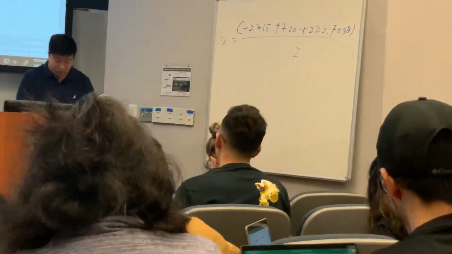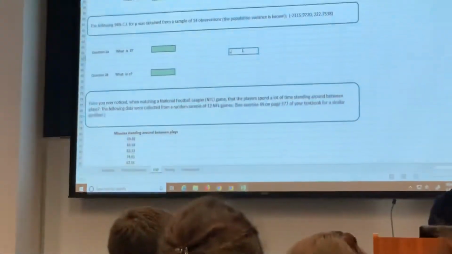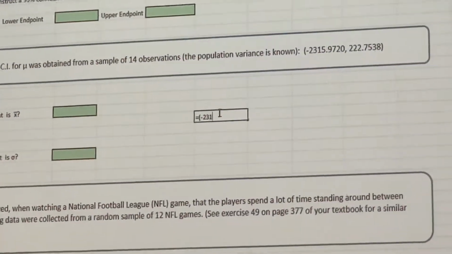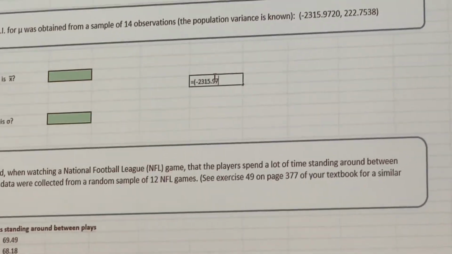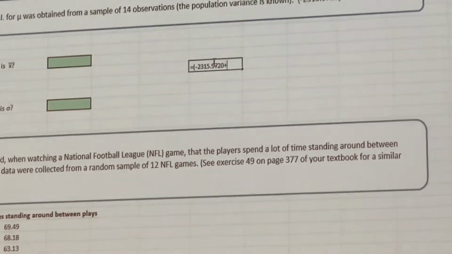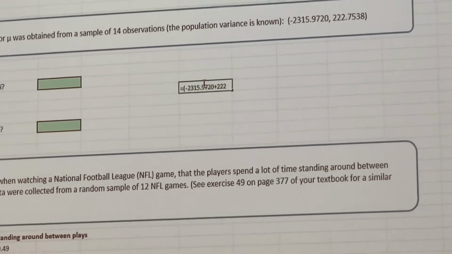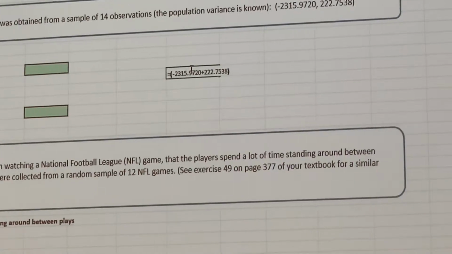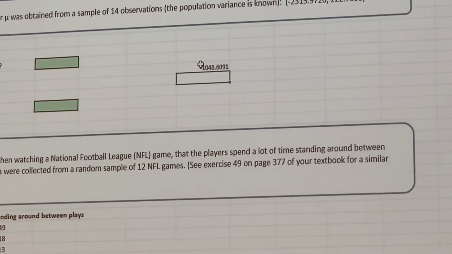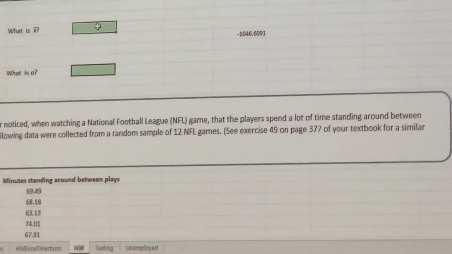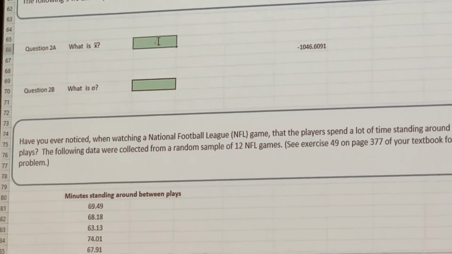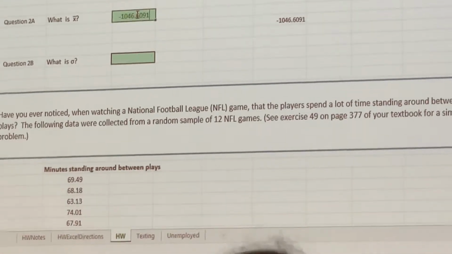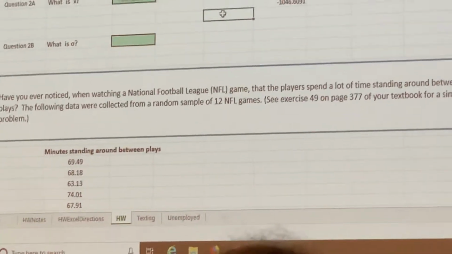So my x-bar is negative 2315.9720 plus 222.7538, over 2. So this is my x-bar: negative 1046.6091.